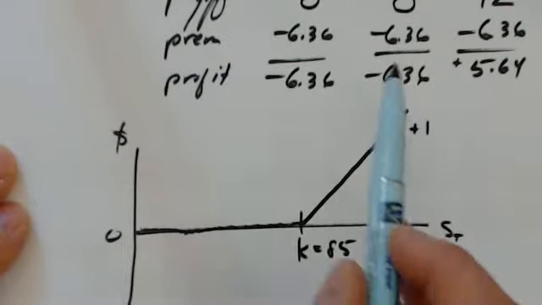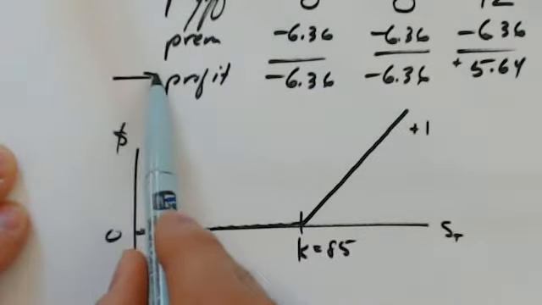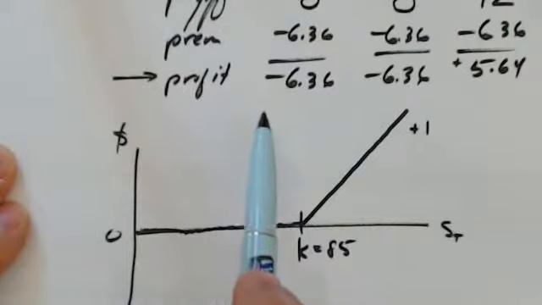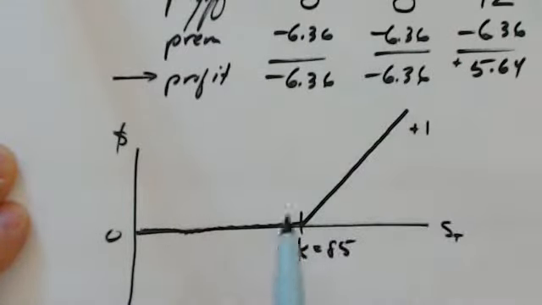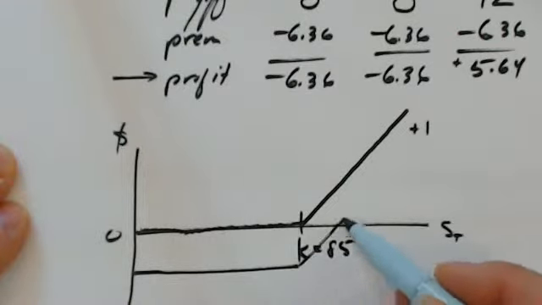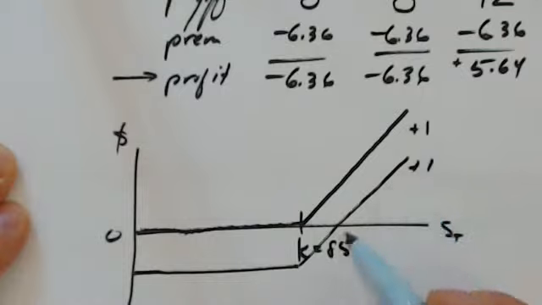The profit is this line, and the difference between the payoff and the profit is this fixed $6.36. There's a slope of 1 in this part and a slope of 0 on the flat lines.